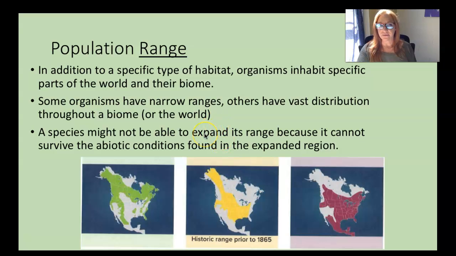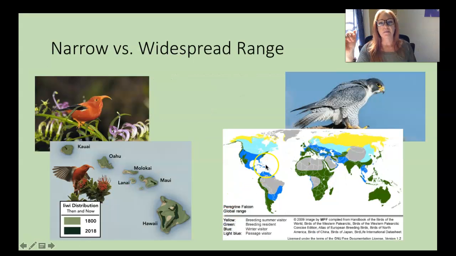They have a certain kind of food, a certain temperature boundary, a certain amount of water, things like that, okay? So once you start traveling outside of a certain range, those abiotic factors change, and some species just can't adapt to that. So they might have a narrower range. But we have both. We have animals with narrow ranges and with wide ranges.